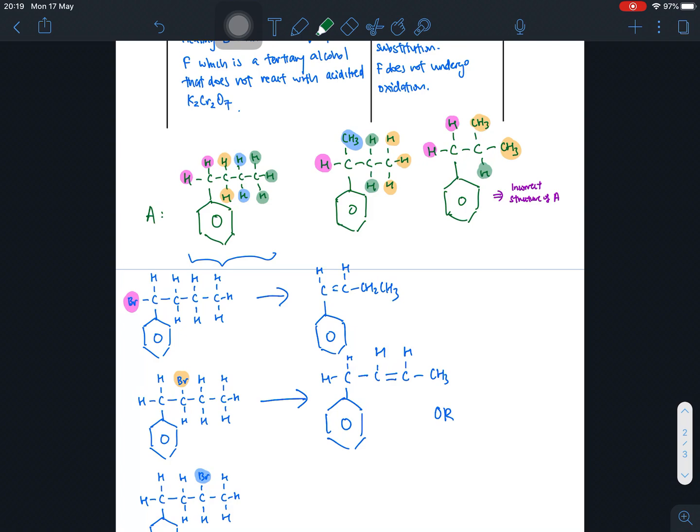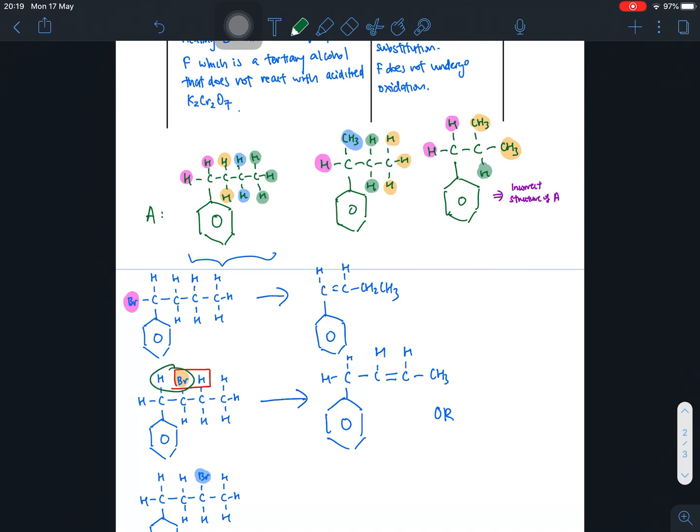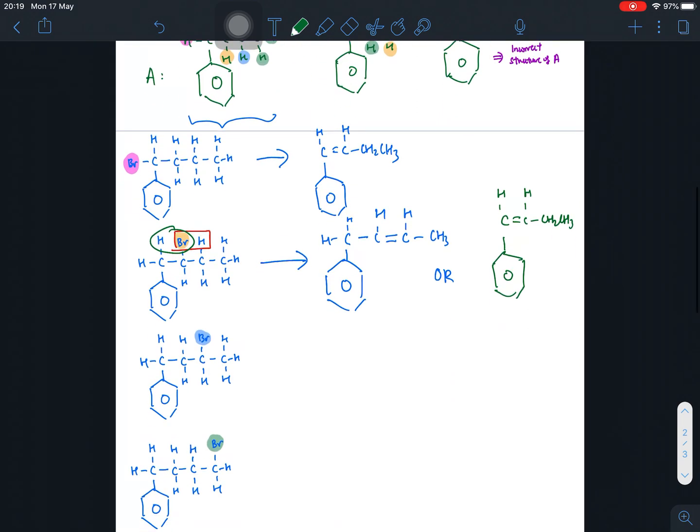Okay, so this one that I've drawn is if I were to remove the Br and H over here. Alternatively, I can also remove the H and Br like this. So let me just draw the other products as well. Okay, then I'll move on. The next one, again, there are 2 permutations. The one in green, let's say I draw this.